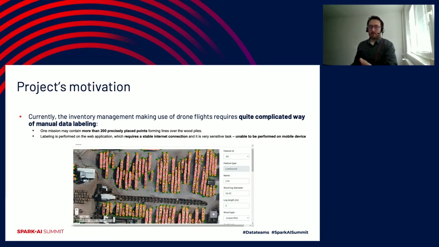And right after that, the wood amount can be calculated. So this was taken as an opportunity, and a machine learning model was created, not to substitute this human effort, but to save some time and to leverage this information into a quicker solution.